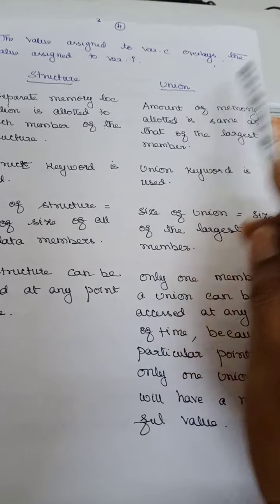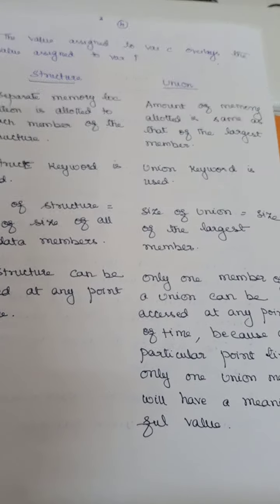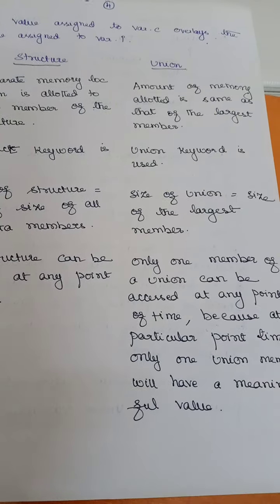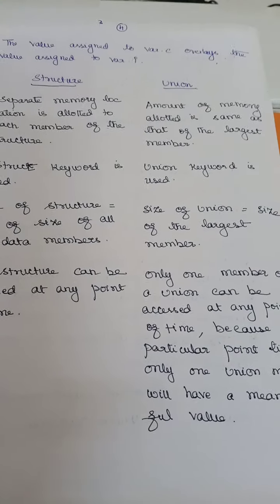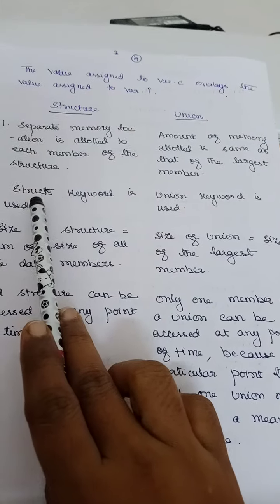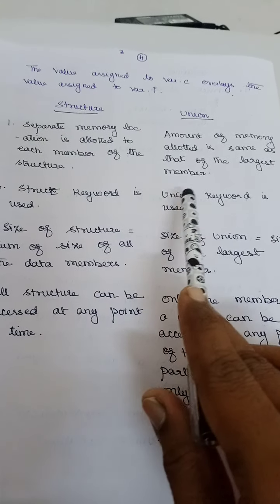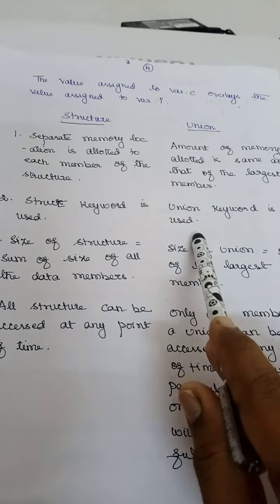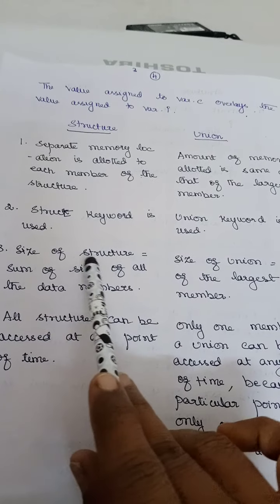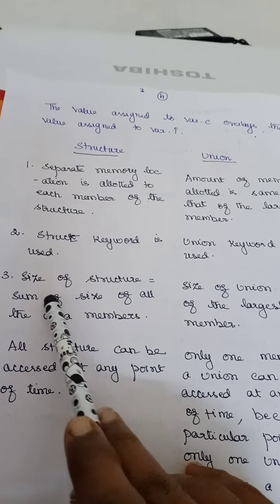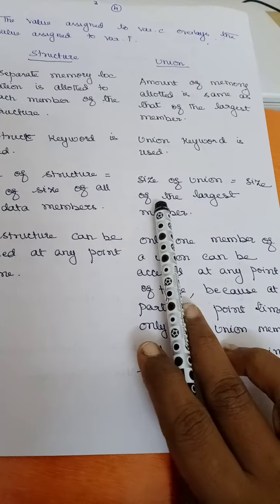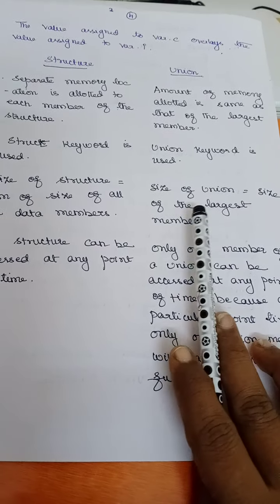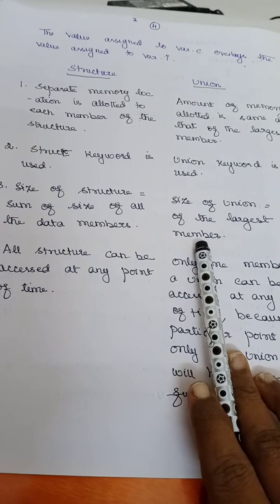But in union, it is not going to be that. Whichever is the largest member, the size of the largest member is going to be the total memory allocated for your union. And here struct is the keyword used. Here union is the keyword that is being used. And the size of the structure is equal to the sum of the sizes of all the data members, right? And here the size of union is equal to the size of the largest member.